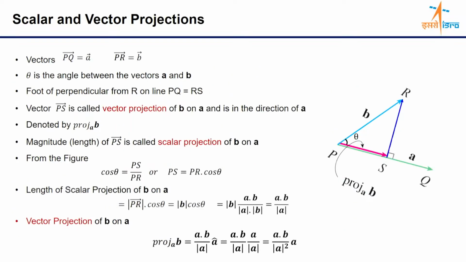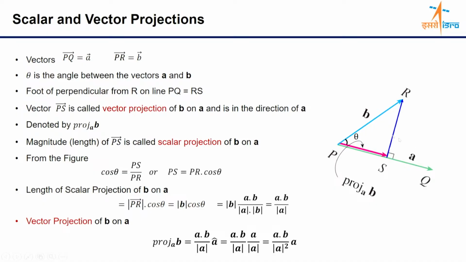So now coming to the vector projection. Suppose I am considering two vectors here. One vector is PQ, starting from here and ending here, having some direction along this side, and there is another vector called SR. It starts from here and moves towards this side, and this is the arrow, so it is called the SR vector, and this is the PR vector.